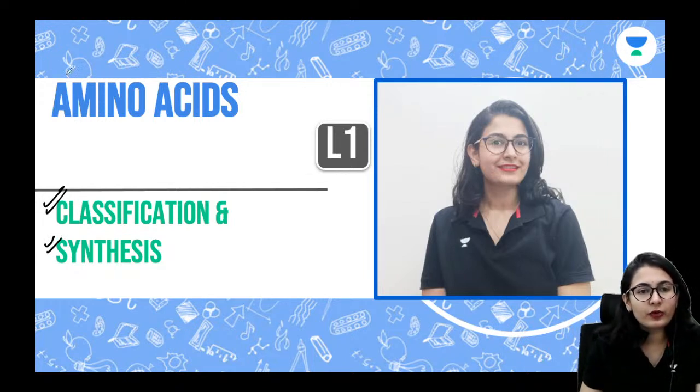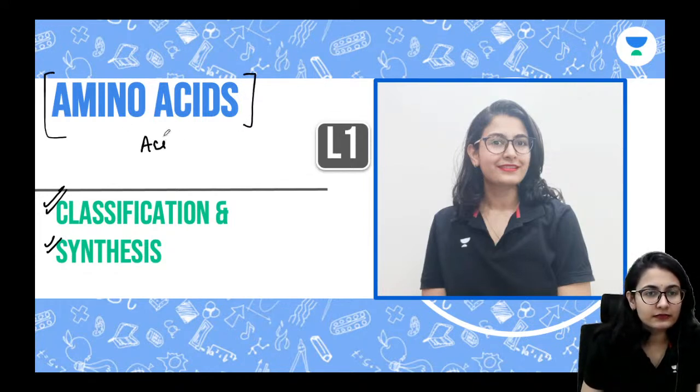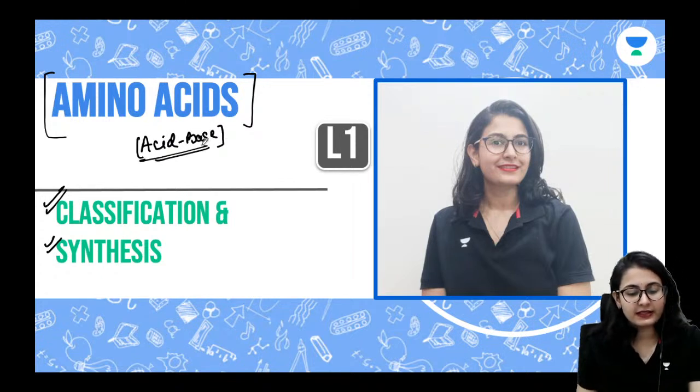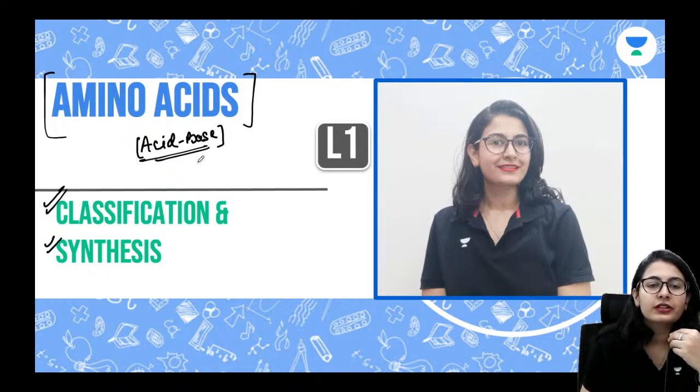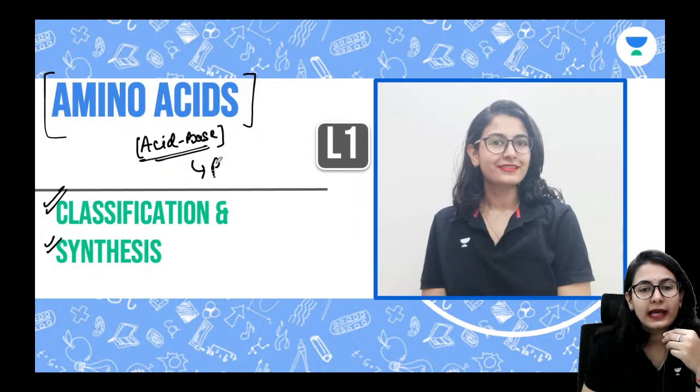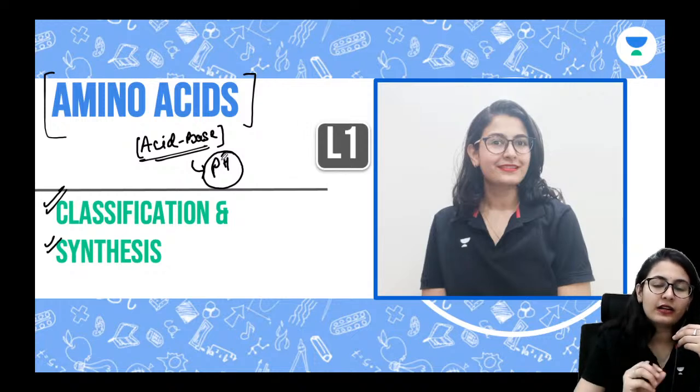Before watching this session, I hope that you have seen the acid and base session, yes or no? In the previous acid and base session, which was on the YouTube channel, we had discussed how to know which species of any acid is going to exist at what pH.